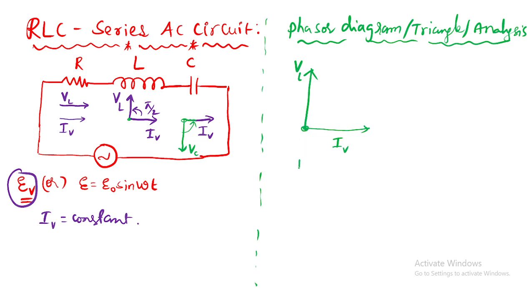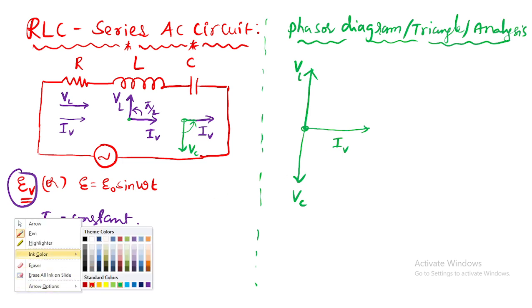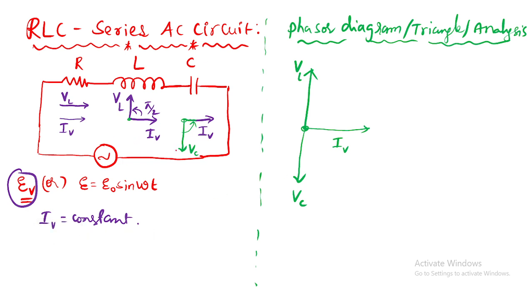And at the capacitor it is VC. Yes or no? Now the virtual EMF will be rotating, everywhere virtual. So the EMF will be going. That virtual EMF I am taking as EV. How much angle is it rotated from here to here? Let's say the phase angle is phi.